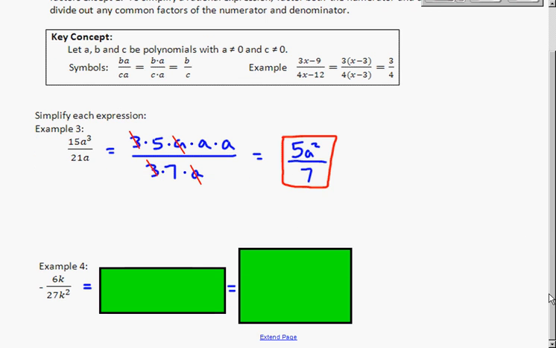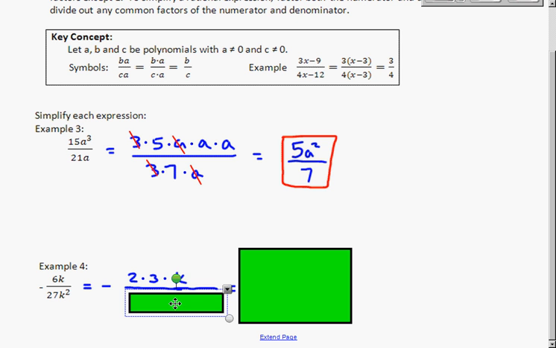Example 4, same approach. Don't forget the negative sign here, so I went ahead and put in my negative right away. Here's my fraction bar. 6k is 2 times 3 times k. The bottom is 3 times 9.